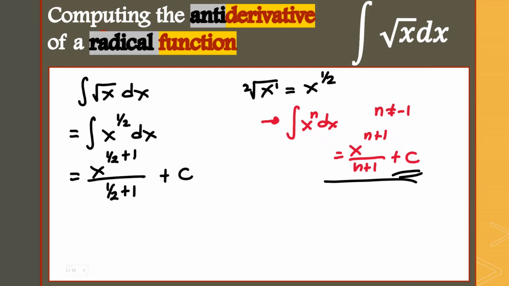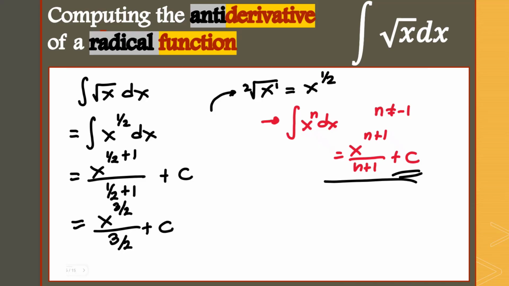Now, proceeding with our expression, that's equivalent to x to the power of 3/2, because that's 1/2 plus 1, over 3/2, plus c. The other purpose of this is, of course, to review other forms of rational expressions, because we have a rational denominator, and the conversion of this fractional exponent into another expression which uses the root symbol.